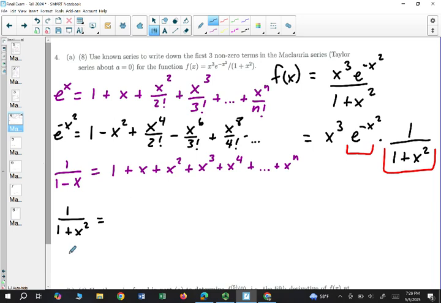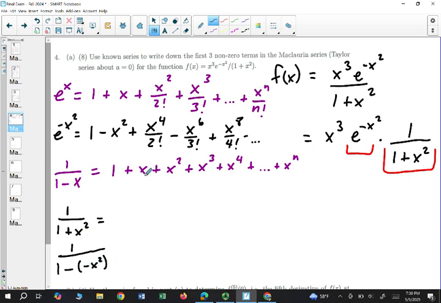The only thing you might want to picture is, try picturing this as something like that, where you have 1 minus negative x squared. Right, so then that's going to change.